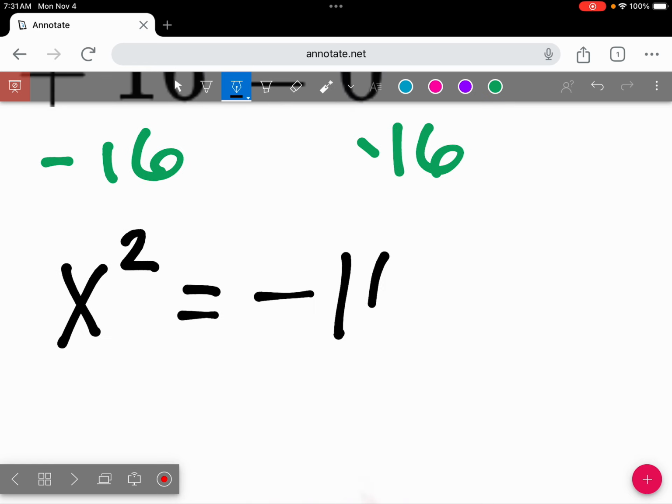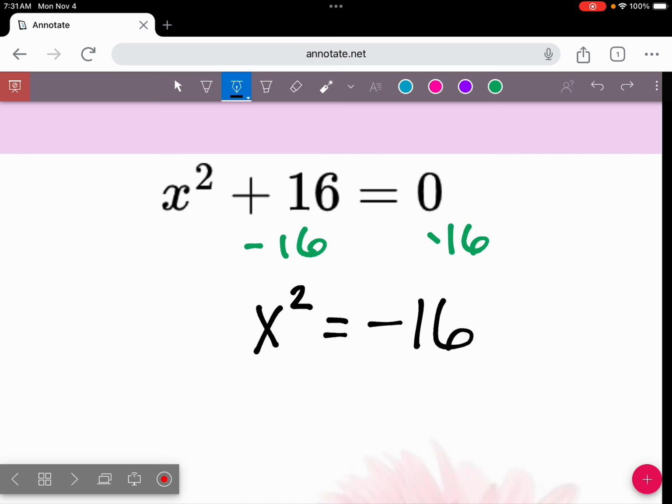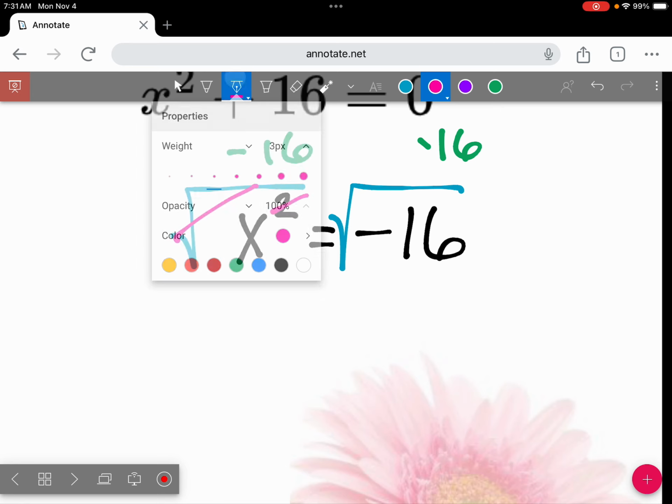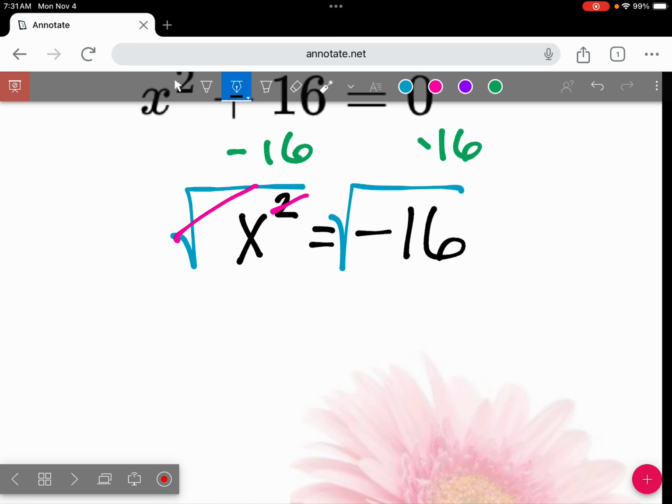That's negative 16. What do we do next? We're going to do our square root, so I need to get that x by itself. My square root and my perfect square cancel out. That's why we picked that. So we get x equals what? What is the square root of negative 16?